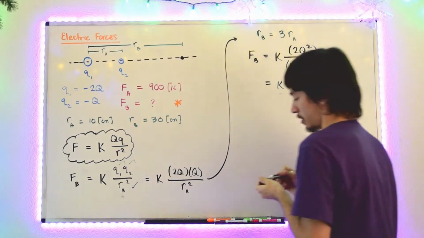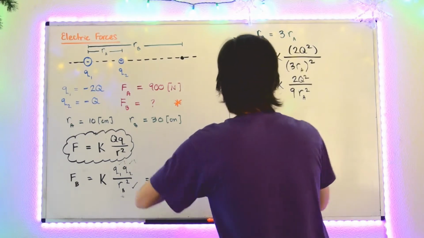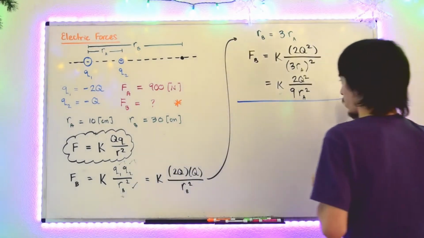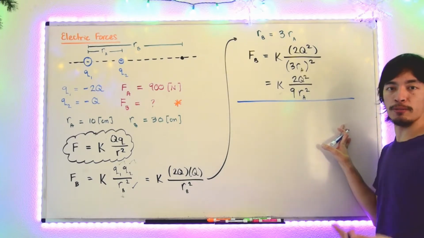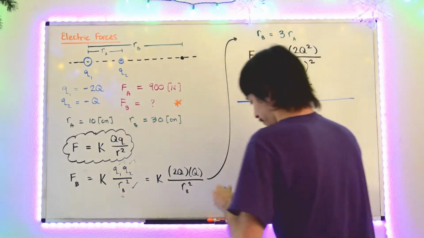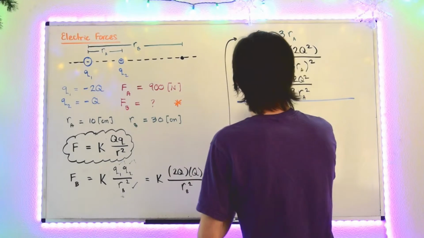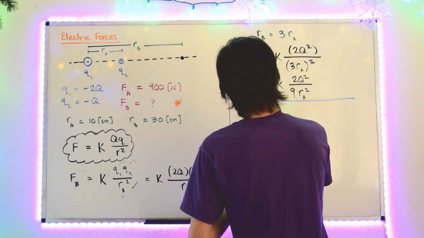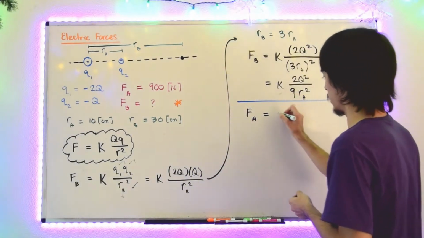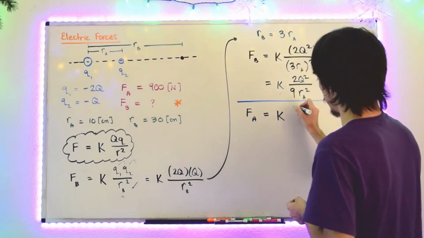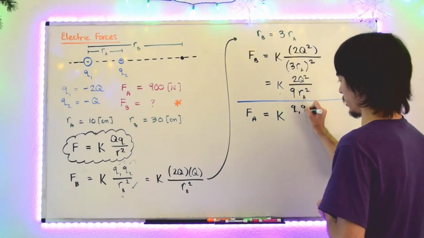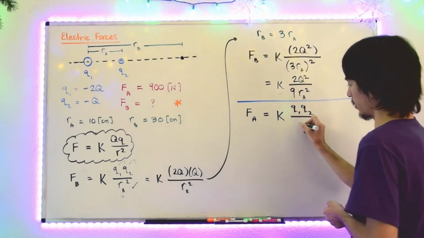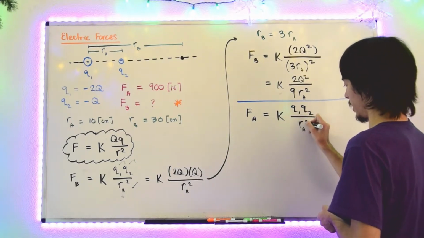Now we have this more in terms of the information in situation A. So separately, in parallel, we're going to write out the equation for A, which is what we know a lot of information about. So the force in situation A equals k, and we have the same 2 charges, Q1 and Q2, over the distance in A squared.